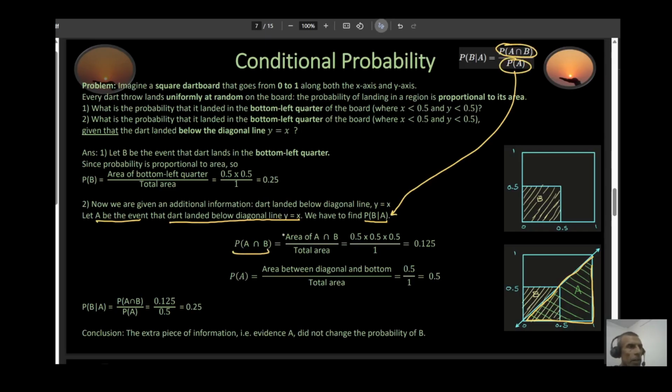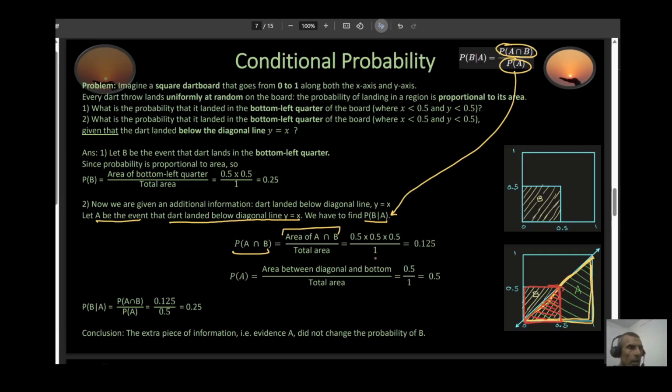That would be equal to the area of A intersection B. So this is my A right here, and my B is this. Let me use a different marker, a red one. So this is my B right here. A intersection B would be this part right here, this region.